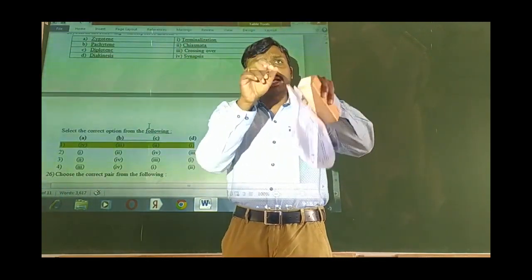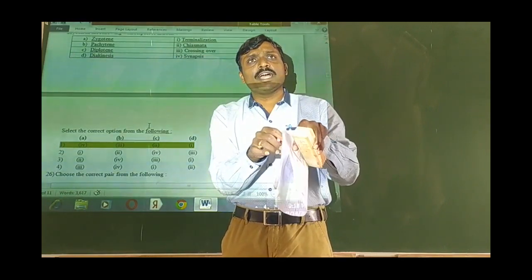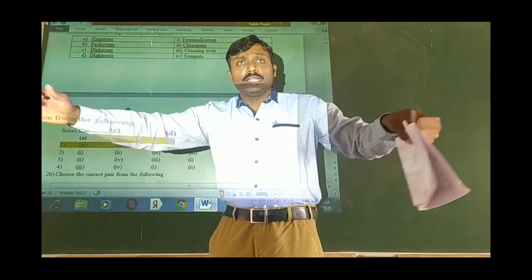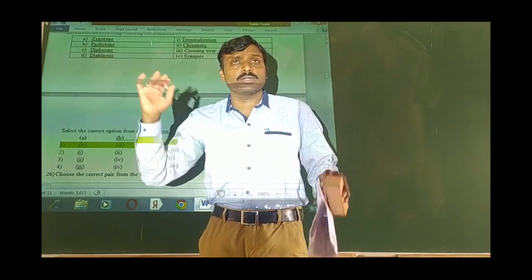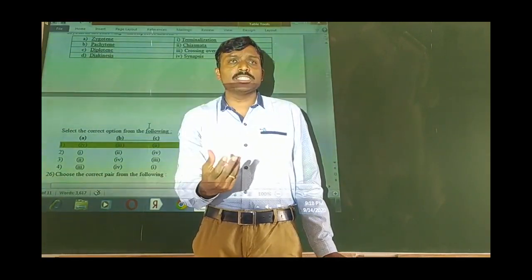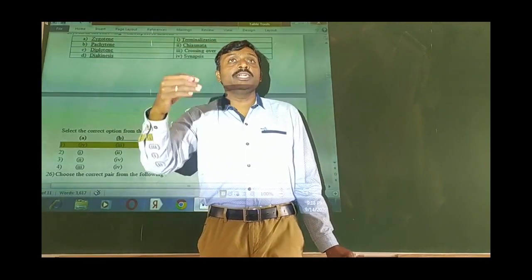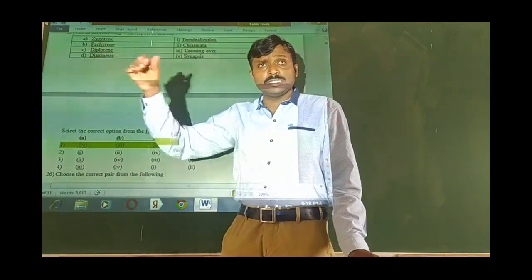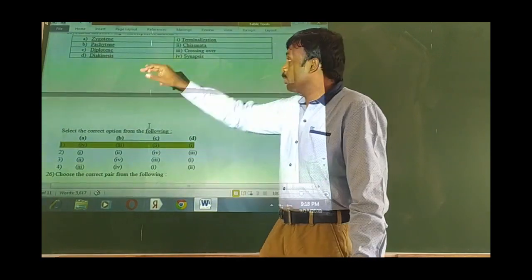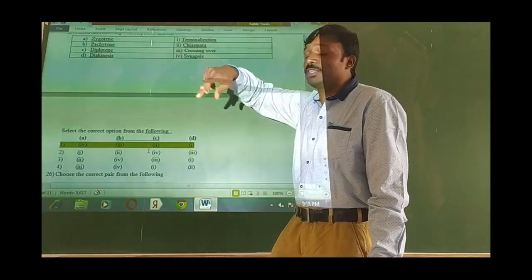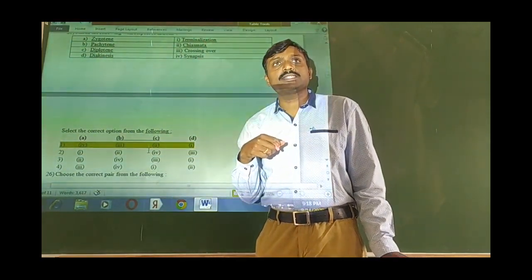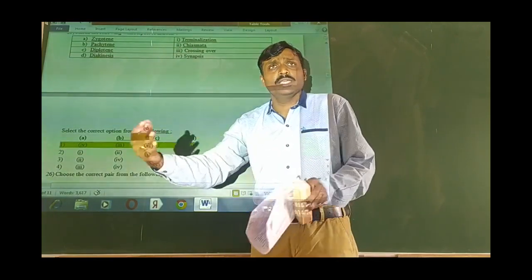After formation of chiasmata, what happens? The separation of chromatids takes place. Terminalization, the general meaning is terminalization means end. So end of the process. Diakinesis is the last stage. That's why diakinesis is marked with this particular terminology called terminalization. Terminal in the sense end.